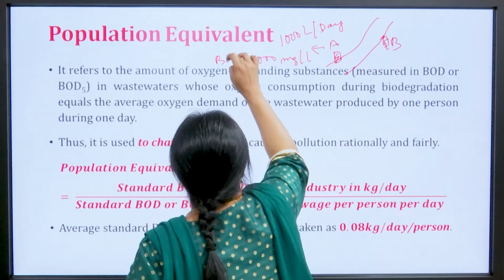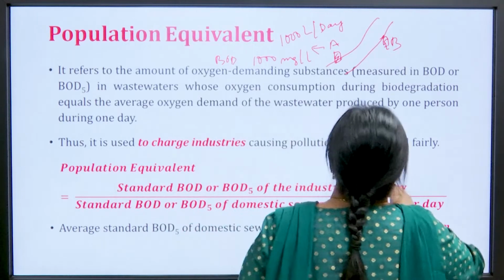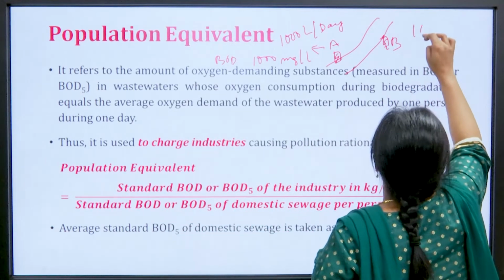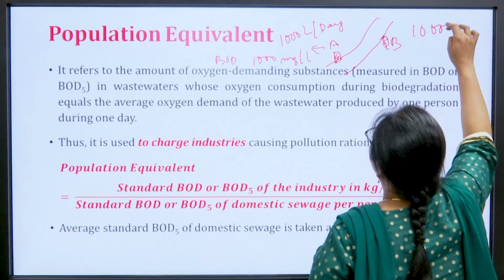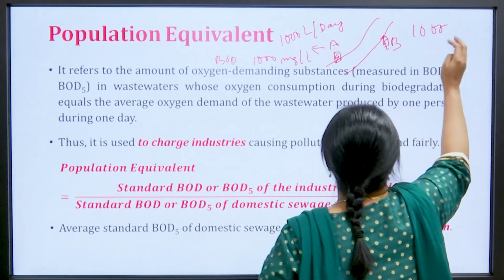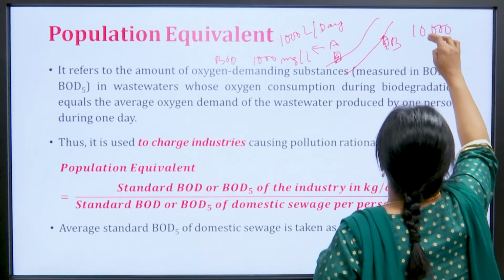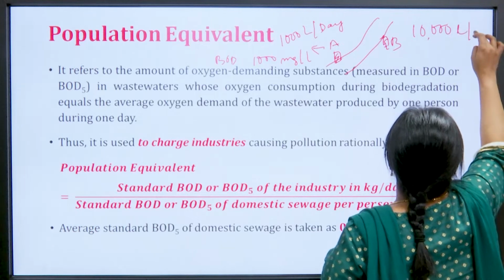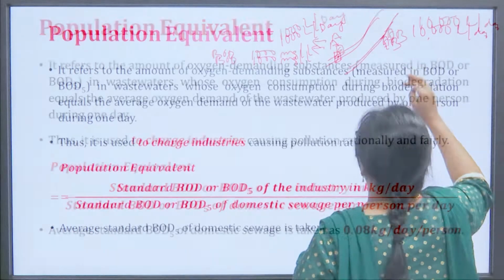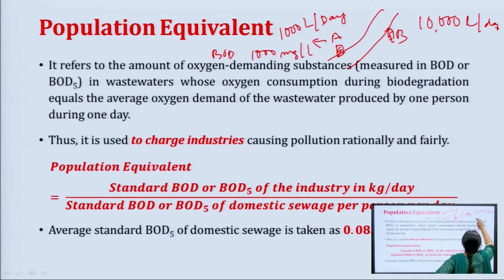And B is discharging 10,000 liters per day, and the BOD of its effluent is 100 milligram per liter.